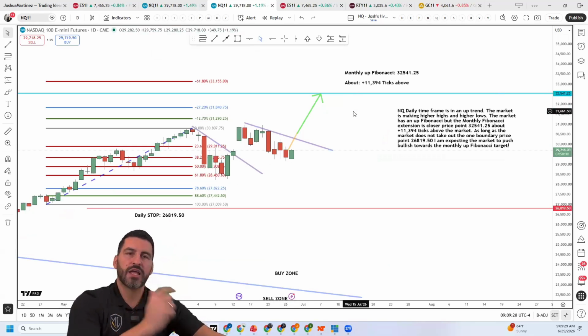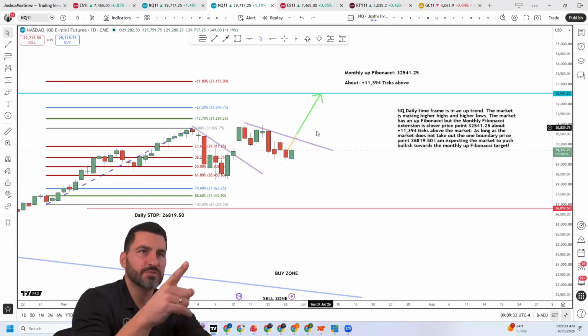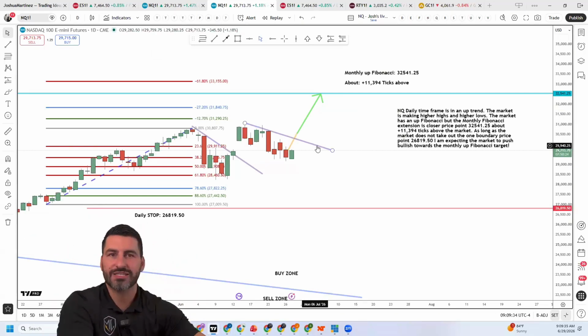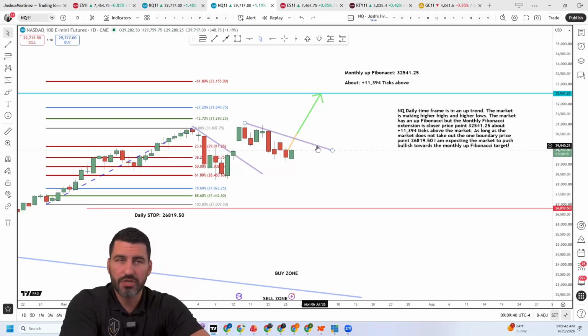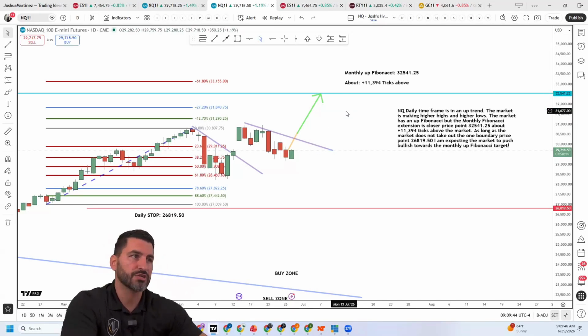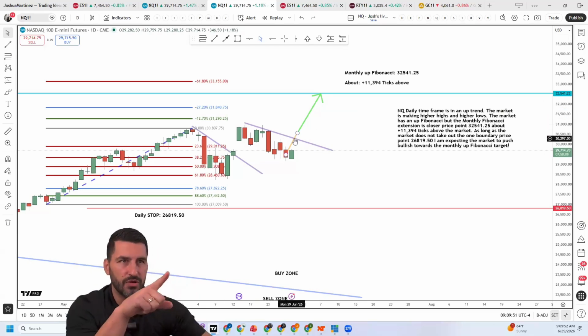A couple of things that we can do to help determine that is we bring in this purple line, known as a counter trend line. If this market closes above that counter trend line, normally, not always, but normally what it means is that the short-term retracement is over and the long-term extension could begin. So we will more than likely not receive our directional bullish push until the market closes above this purple line.